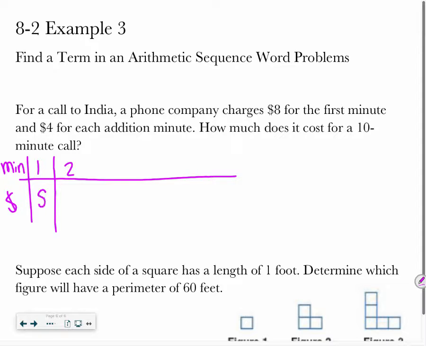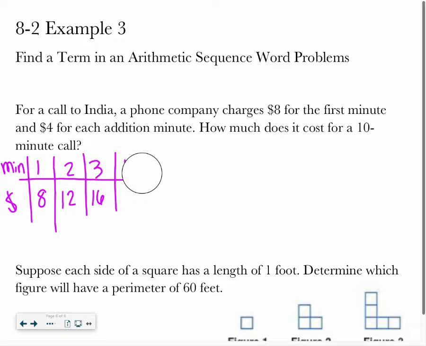After 1 minute, it's $8. 2 minutes, it's going to be that $8 plus 4 more. If it's a 3-minute call, it's going to add 4 onto that, and so on and so on. I can do that all the way through 10 because 10 isn't super far.